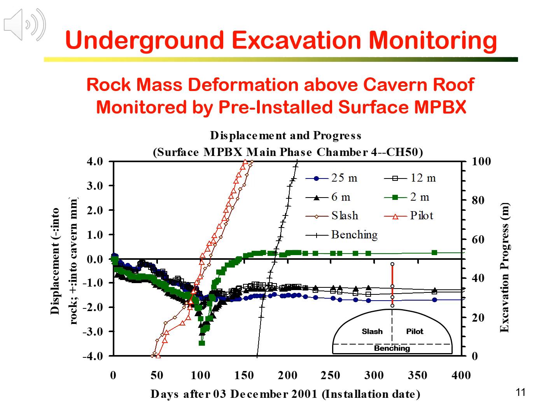You can see the movement of the ground, particularly when the heading is excavated. After the heading is completed, the roof stabilizes and the benching does not cause the roof to deform. The monitoring confirms the stability and provides the ground behavior during excavation.